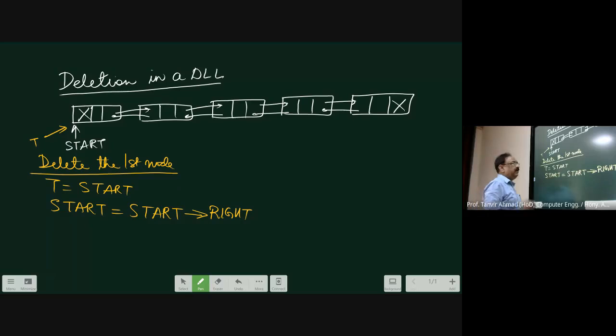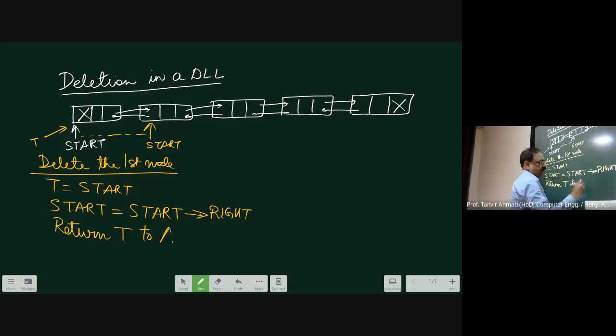Then start will shift from here to here. And then I write return t to avail.